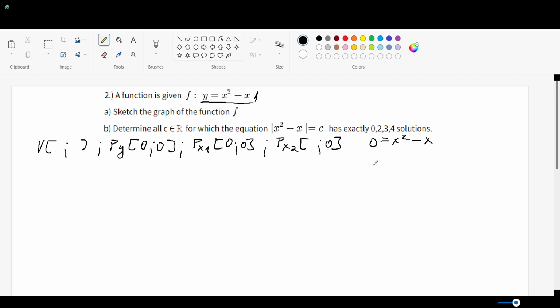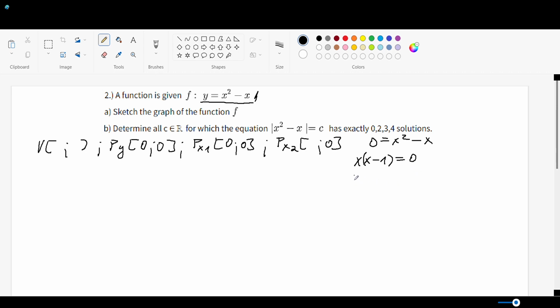and this can be solved by factoring this quadratic expression, which can be written as x times x minus 1 is equal to 0. We already know that the multiplication of any two numbers is equal to 0 if and only if at least one of these numbers is equal to 0.